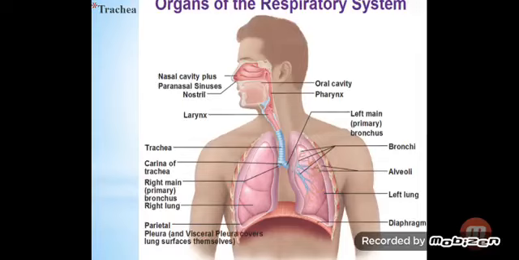It is closed posteriorly by the trachealis muscle. This is to ensure the patency of the tube, so that it does not get blocked for any reason. The presence of the C-shaped cartilaginous rings maintains the patency of the tube.